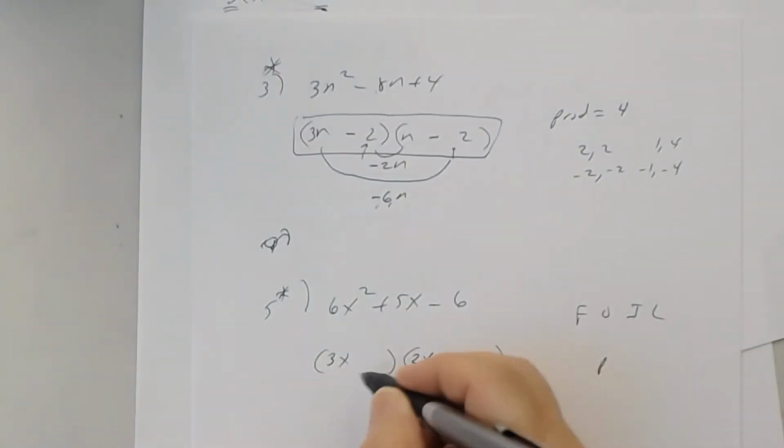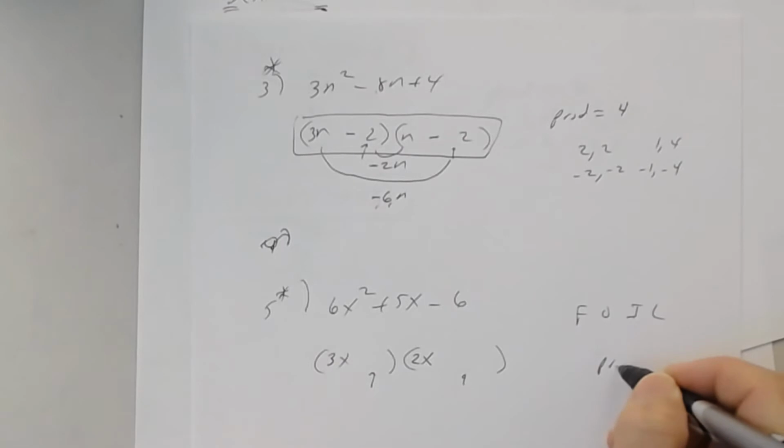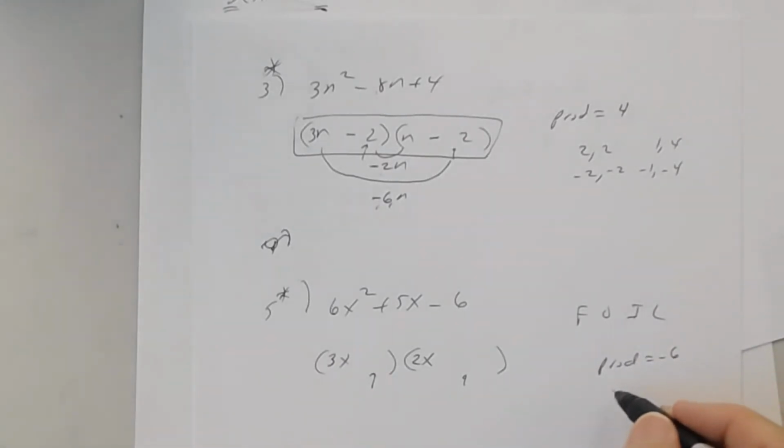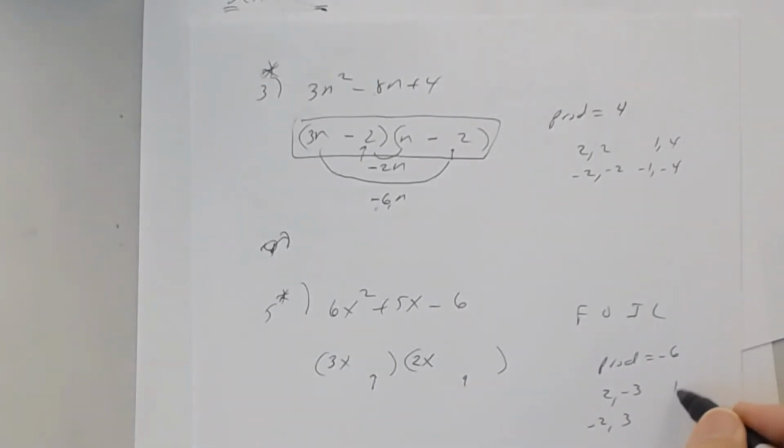Okay. Now, the last. I need two terms whose product is a negative 6, right? So we said 2 times negative 3, negative 2 times a positive 3, 1 times a negative 6, negative 1 times a positive 6. But we know that we want to try what first? 3 and 2.